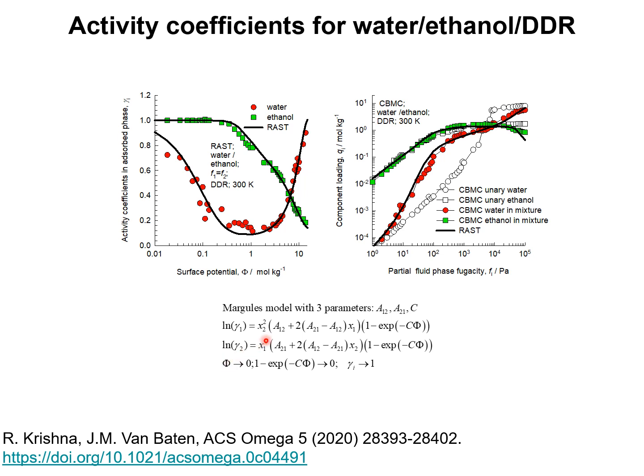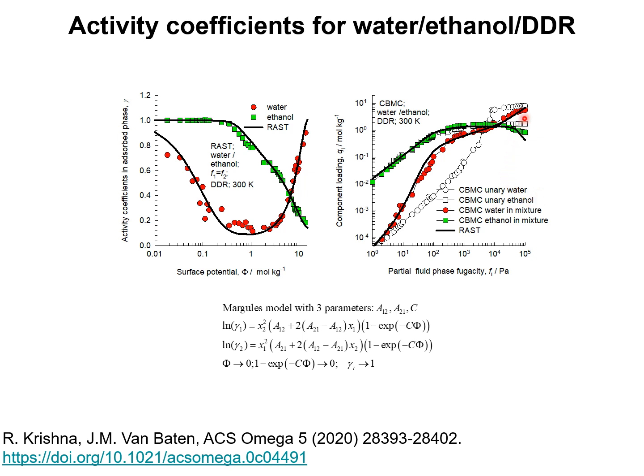The three parameters can be determined by fitting the data on the activity coefficients, and based on the fitted model for the activity coefficients, we can determine the component loadings using the RAST, and these are shown by the continuous solid lines.